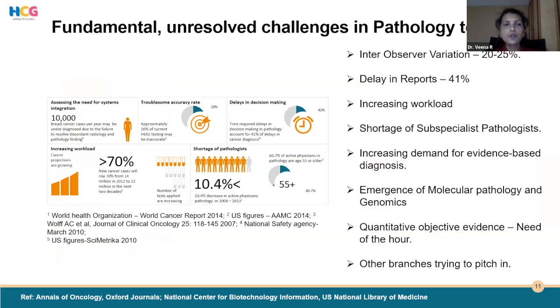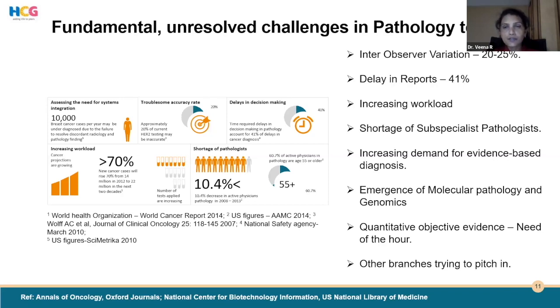Right. If you look at this publication from WHO that was published in, I think, 2010, it clearly says that by the year 2025, oncology cases will increase by 70%. So we are going to have an increase in cancer cases by 70%. And it's not just an increase in the number of cases, but the cases are also becoming very complicated.